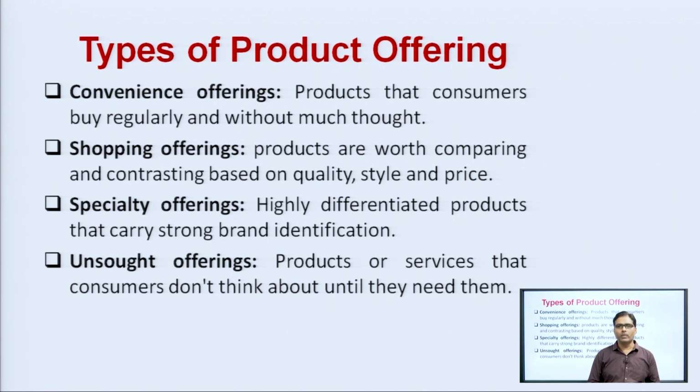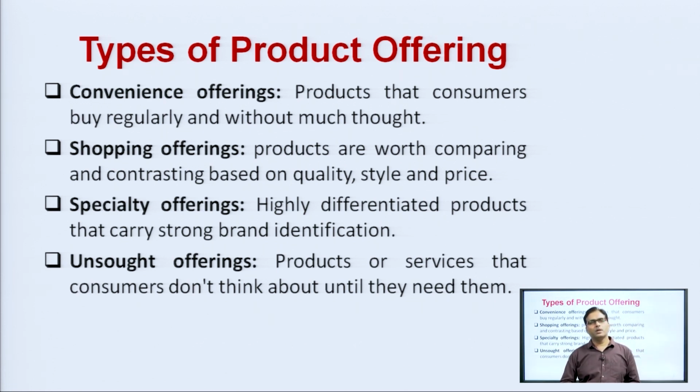Every day we come across too many requirements. We may require matches, we may require a pen, we may require some daily wear clothing, or FMCG goods. These types of goods do not require much comparison with other products.